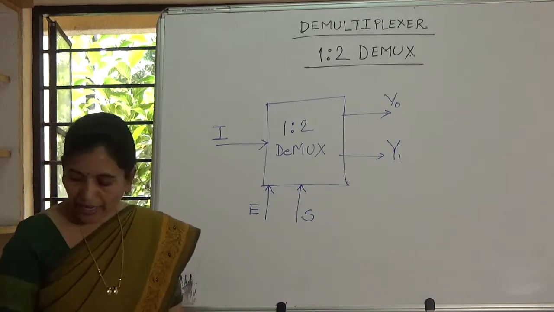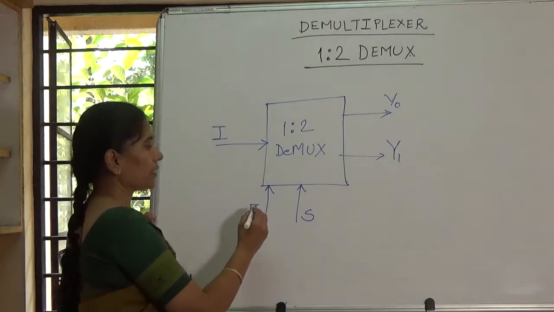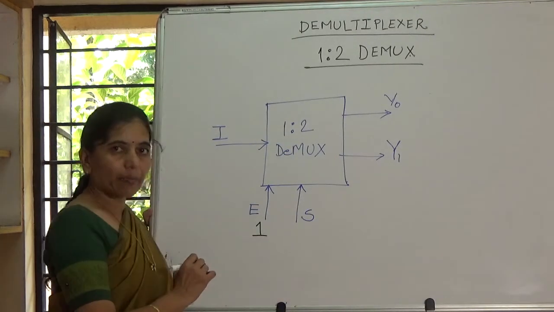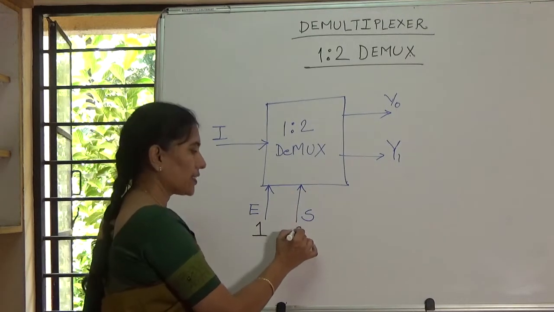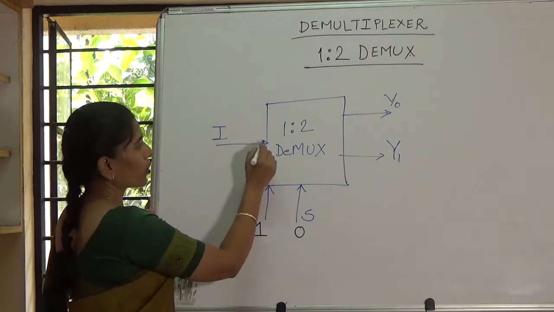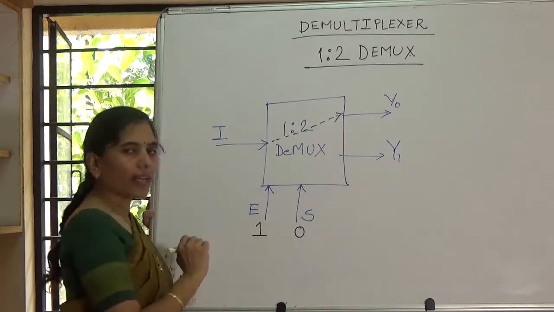So let us look at how this works. Now if the enable input is made 1, that is the demultiplexer is enabled properly, and if the select line is a 0, then the I input gets connected to the Y0 line.